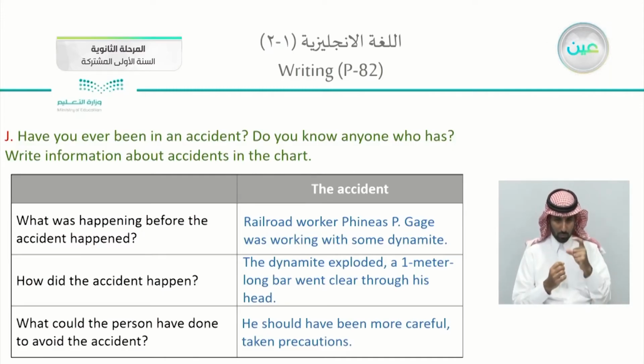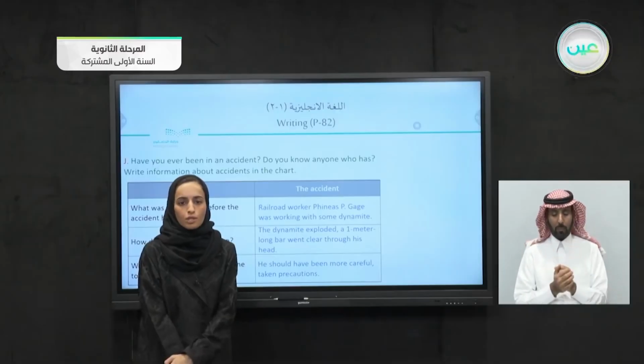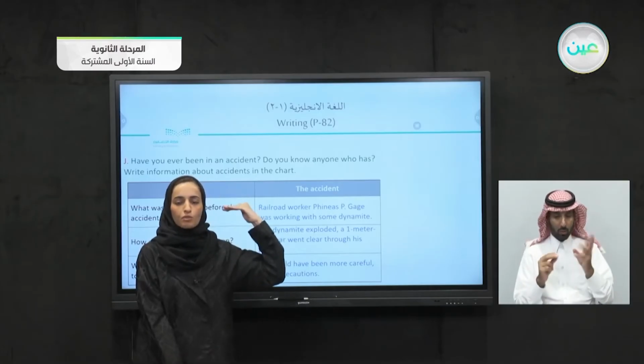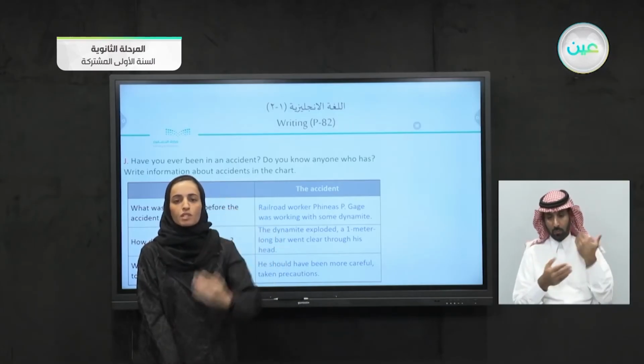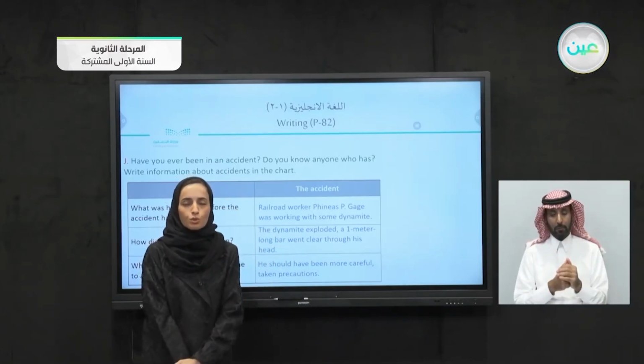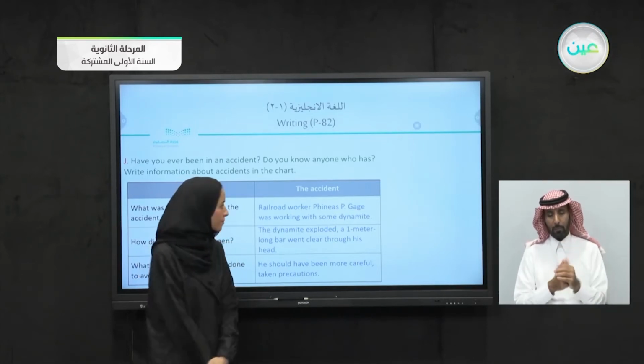If he were more cautious or more careful working with the dynamite, this might not have happened, and taking precautions, maybe wearing a helmet or doing things that might protect him. Think about a story: what happened before, during, and what is the advice to avoid such accidents.